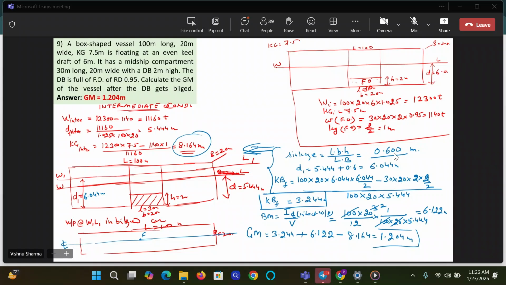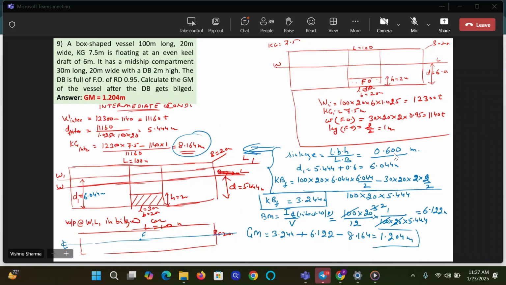Is that clear, beta? Can I just ask you to do the same question if this DB was full of seawater before bilging? It just came to my mind.